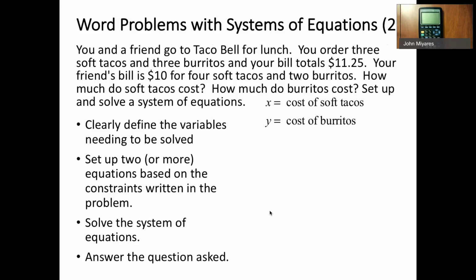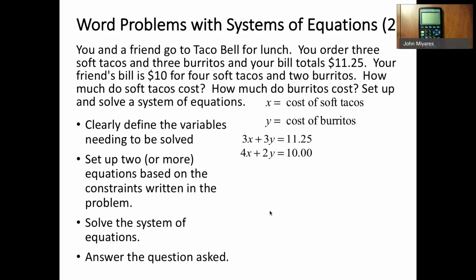From your order, we know that 3 tacos plus 3 burritos equaled $11.25. So with that, I'll have the equation 3x plus 3y equals 11.25. From your friend's order, we know 4 tacos and 2 burritos together cost $10. So that's going to give me this equation 4x plus 2y equals 10.